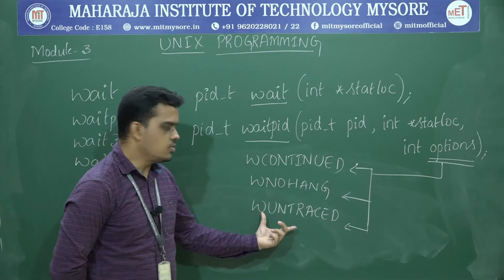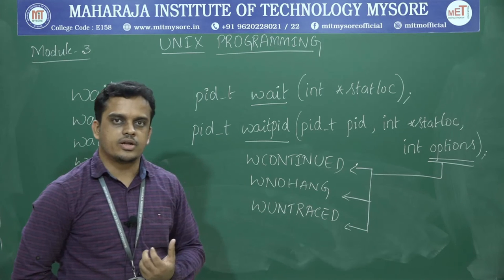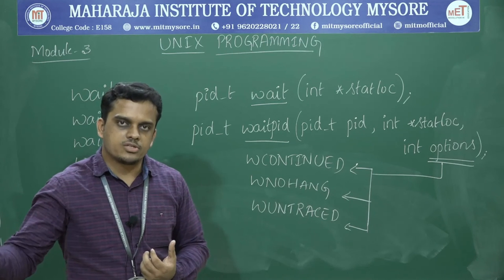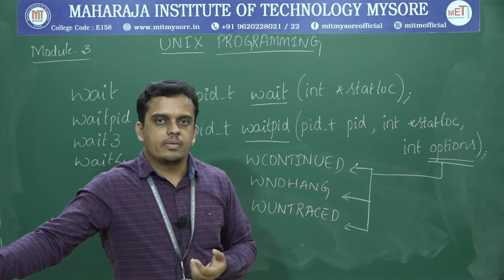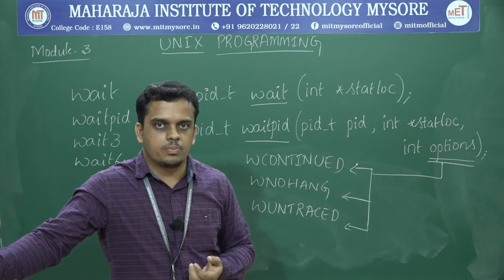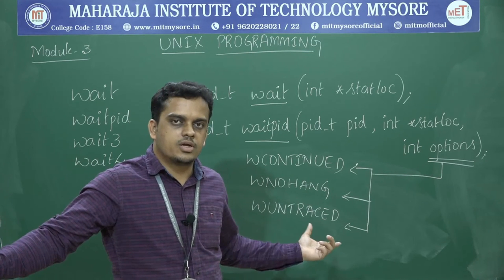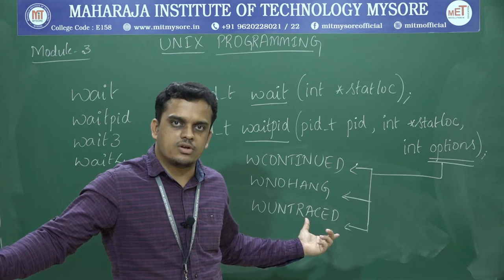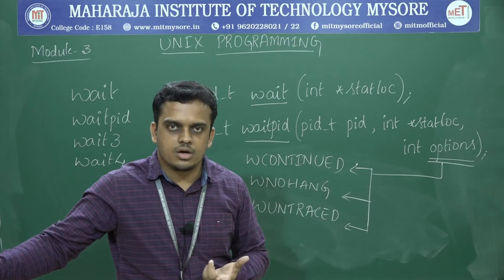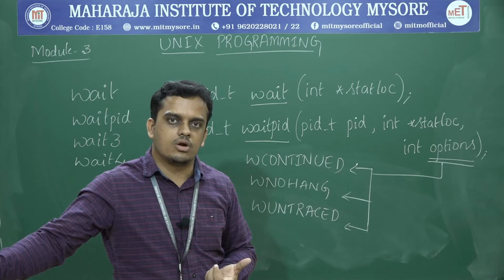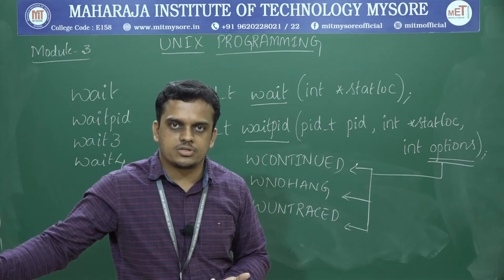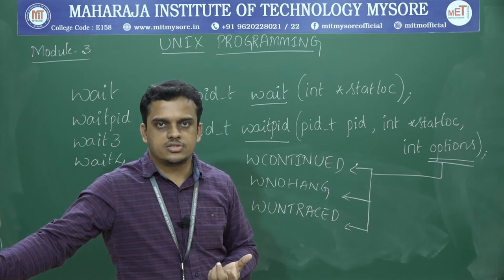And the last one is WUNTRACED. What WUNTRACED specifies is, if a process has been terminated but its termination status has not been able to be retrieved properly, at that instance this particular macro will specify the termination status. It cannot be found for the terminated process. That is what this constant is all about.